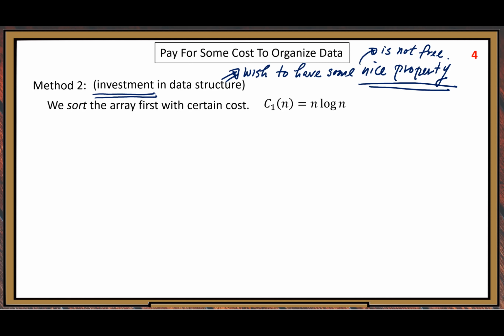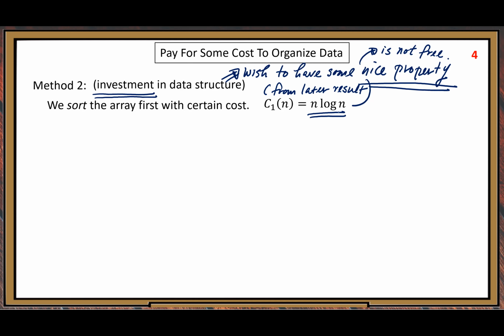Here I just take the result from later. The best we can get to sort a general array by comparisons is n log n.